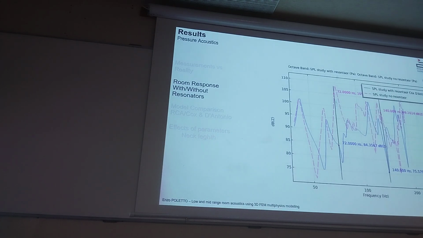And when I put those 92 resonators, I have 85 decibels. So I have more or less a 20 dB loss with the resonators. So it works. But do I need as much absorption? Do I really need to put 92 resonators in my room to get that just for one mode, by the way? So we're going to discuss that later.